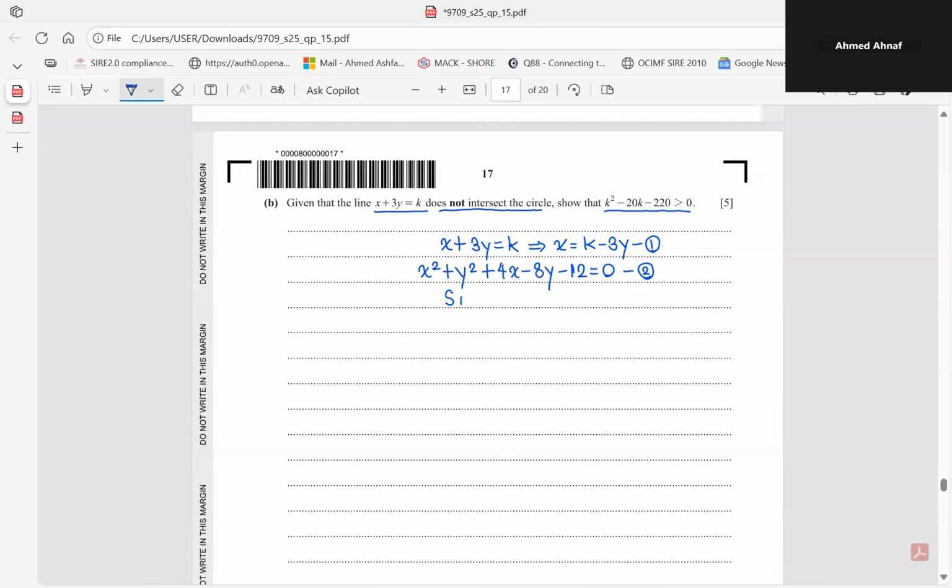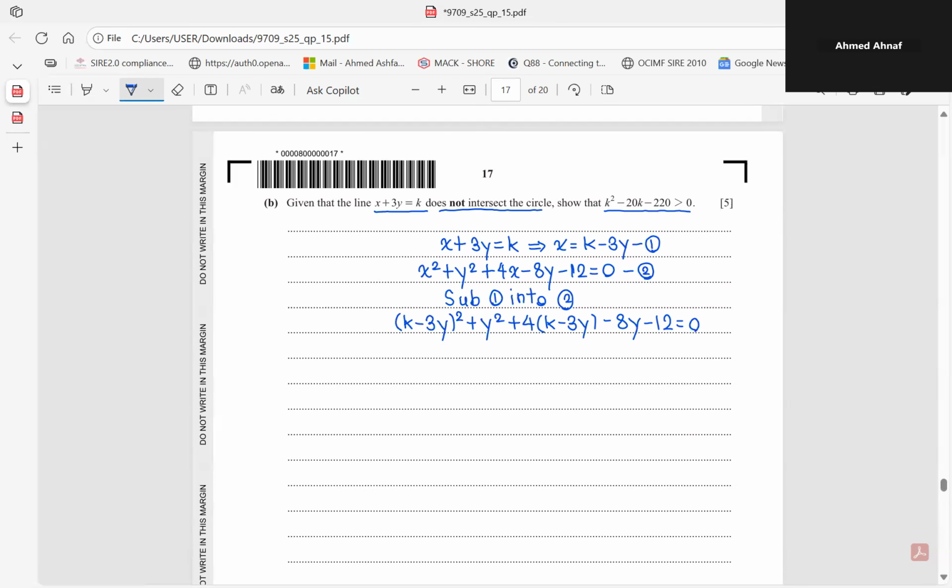So to do that, we'll sub 1 into 2, and we'll get k minus 3y squared plus y squared plus 4 times x, which is k minus 3y, minus 8y minus 12 equals 0.